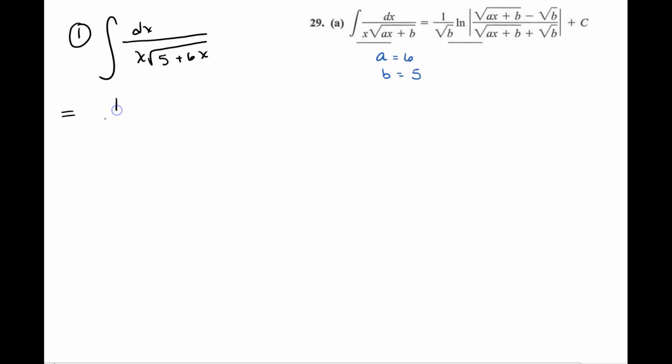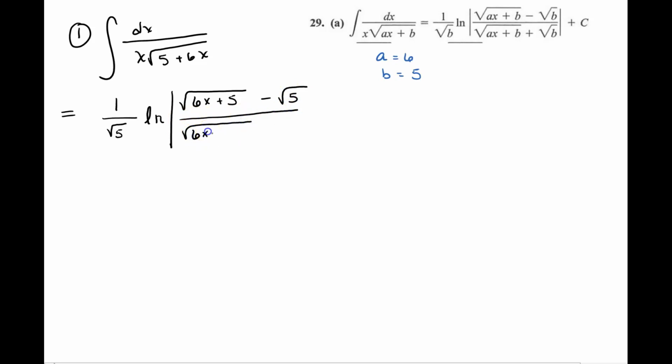So I'm going to start off by saying 1 over the square root of b, which is 5, then the natural log, okay, of the absolute value of the square root of ax plus b, so in this case 6x plus 5, minus the square root of 5, over the square root of ax plus b, which again is 6x plus 5, plus the square root of 5, and then we close our absolute value there for the natural log, plus c, our constant of integration.